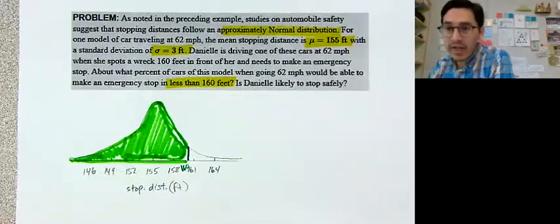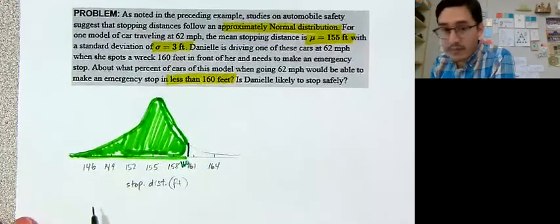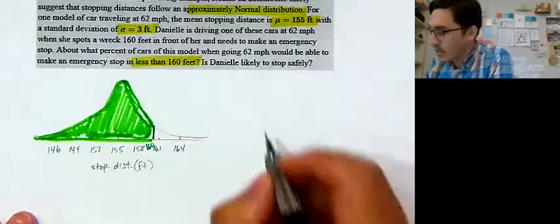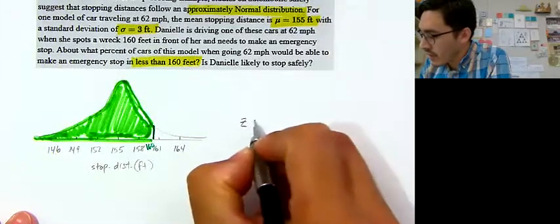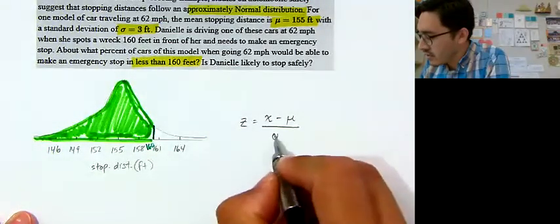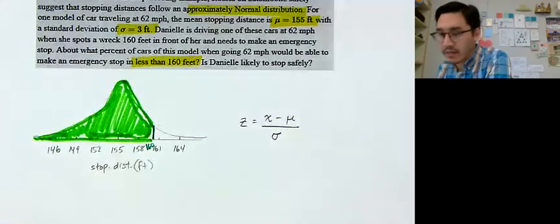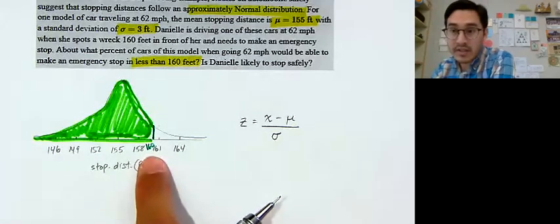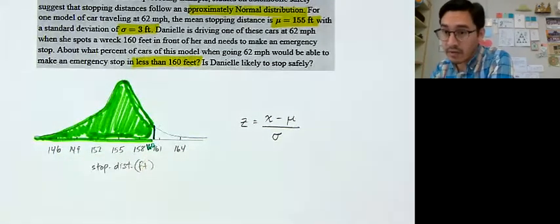Okay, so we're going to calculate the z-score next. All right, let's do it right here. The z-score is our data value minus the mean, divided by the standard deviation. Now check this out. I said that 160 is almost 2 standard deviations above the mean.